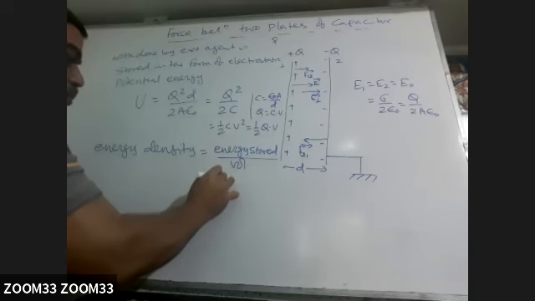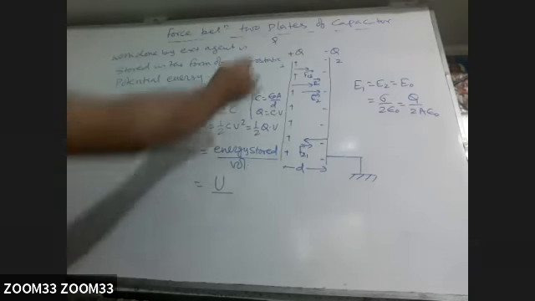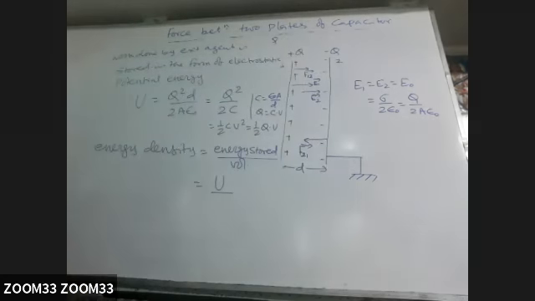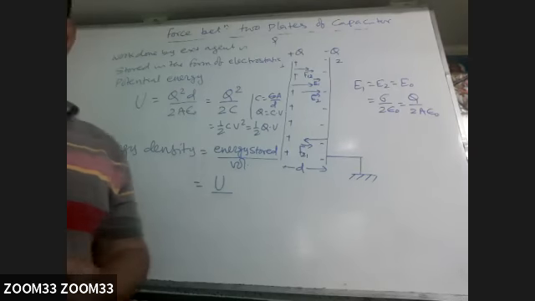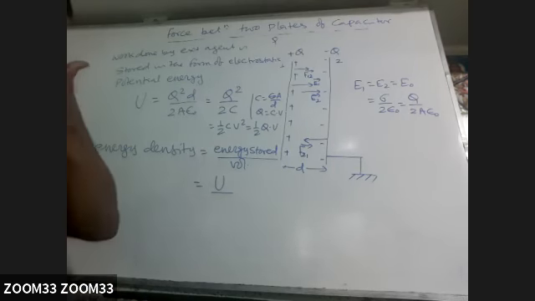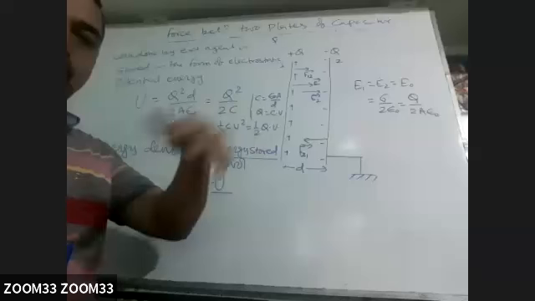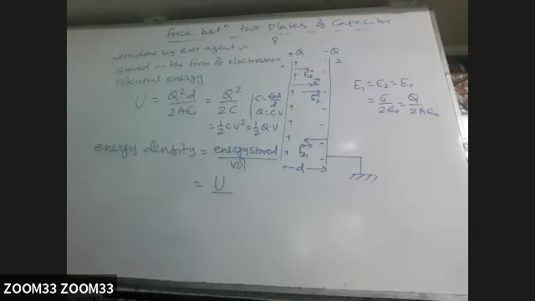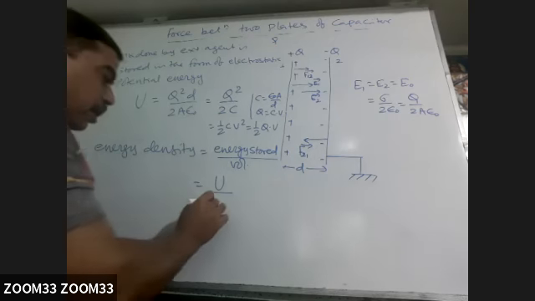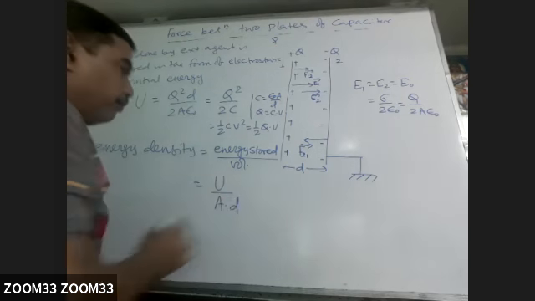So it is U over what will be the volume of this capacitor? Area into d, because these two parallel plates are there. If we find the volume of the space enclosed by these two plates, that will be A into d.